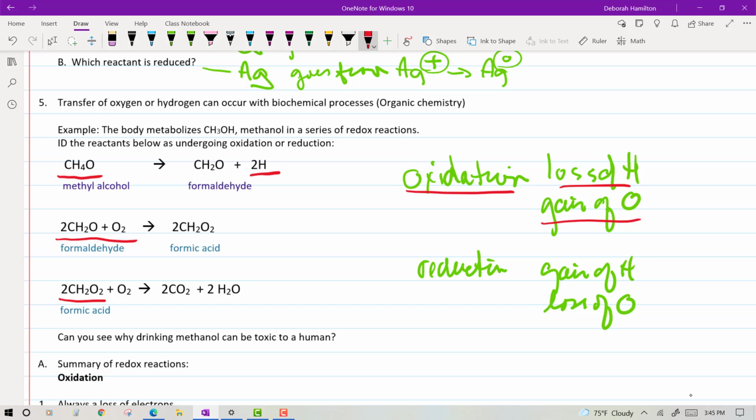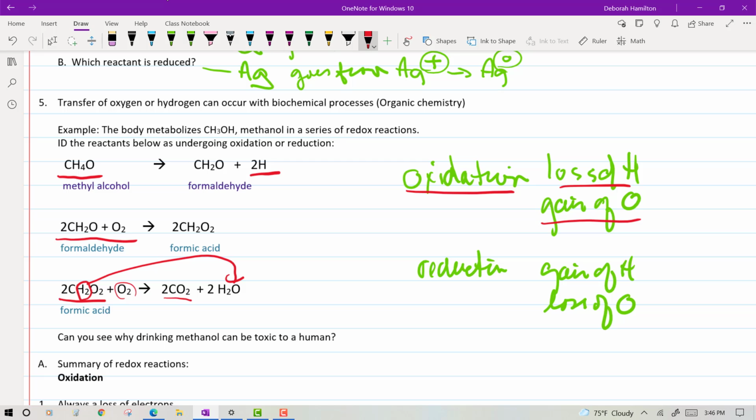What is it doing there? It's losing hydrogen, because this hydrogen becomes part of the water. The carbon and the O2 stay together, and the H2 and this O get together to form the water. So it also undergoes oxidation. If the formic acid is undergoing oxidation, then the oxygen itself is probably undergoing reduction because it's gaining hydrogen.